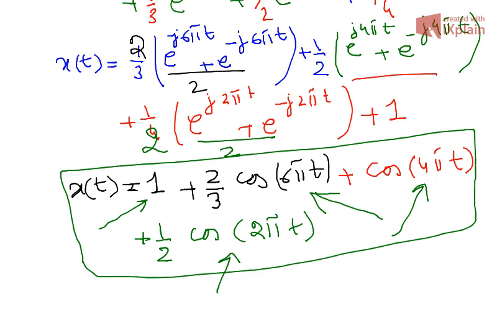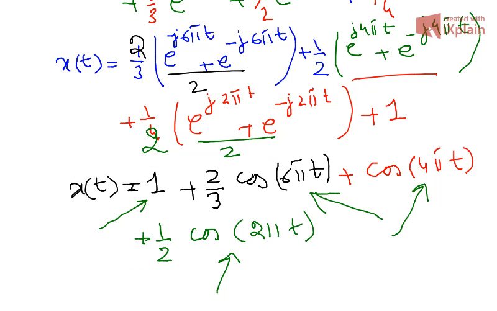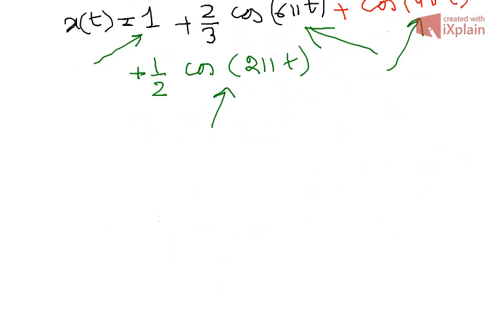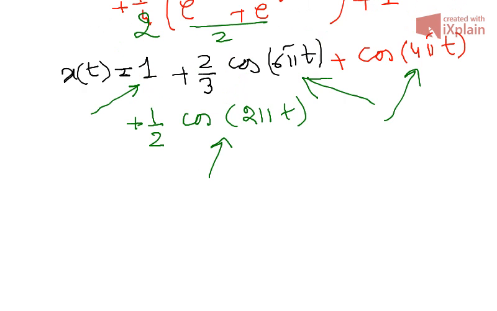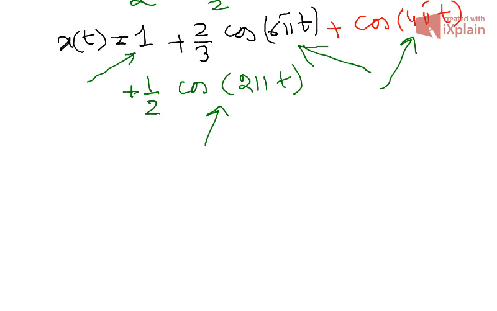So let's try to see these expressions now. Let me bring it a little bit below. For this summation, let me try to draw these signals. If I draw my constant, it is a time signal that remains constant at 1.